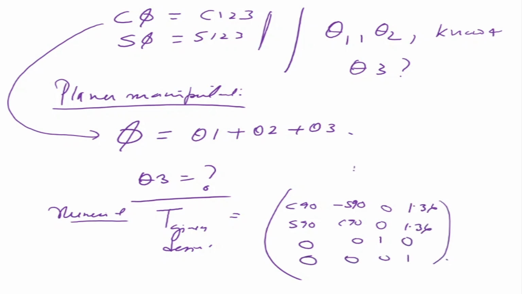And now you find theta 1, theta 2, theta 3. We should be able to get the solutions for theta 1, theta 2, and theta 3. This will be 0, that will be minus 1. This is going to be 0, that will be 1. So this is showing the inverse kinematic solution of this problem.